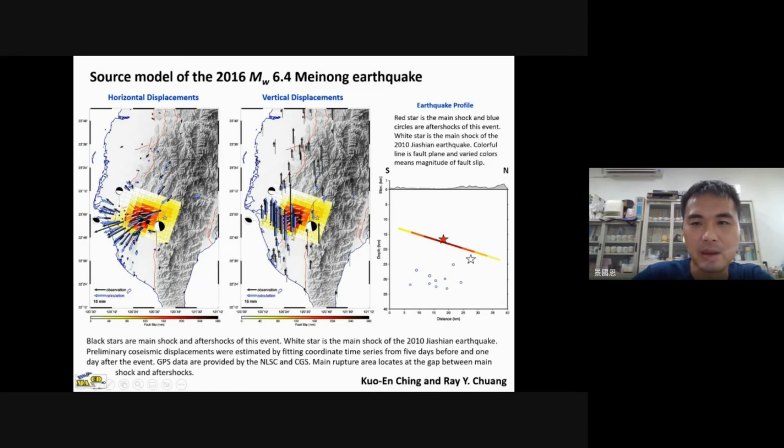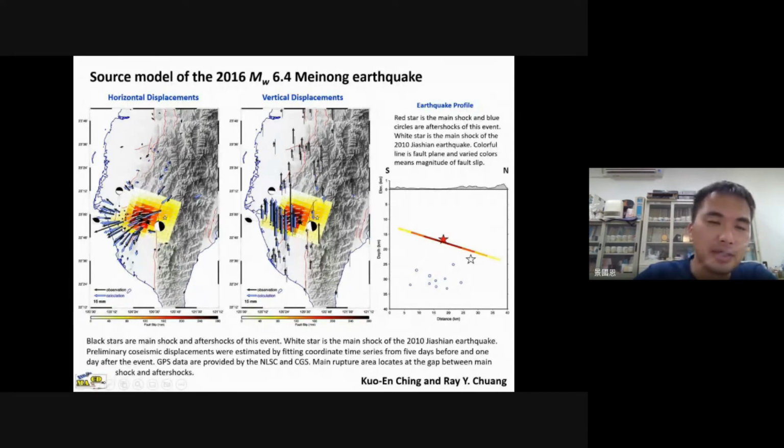This is the projection of the fault plane, and here is the fault plane along the cross section. It is a very low dip angle fault plane, and the main energy release area is over here, not at the location of the epicenter.